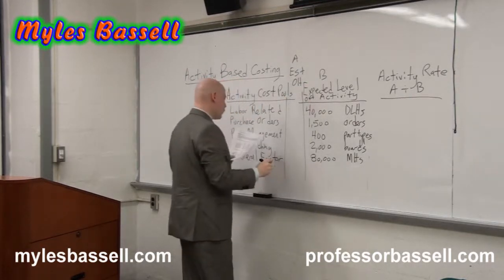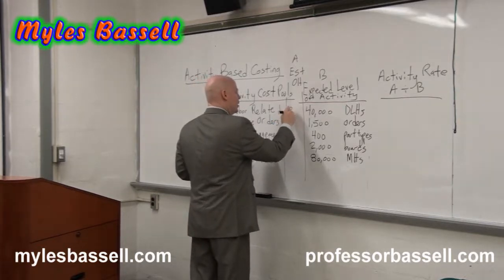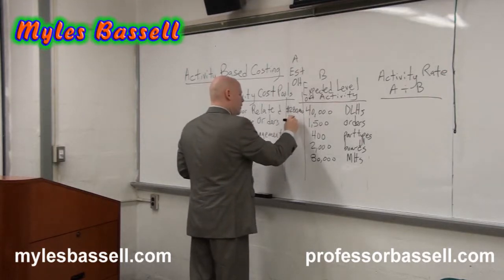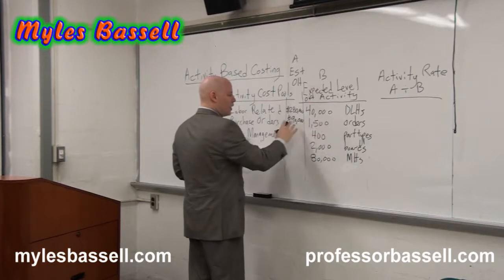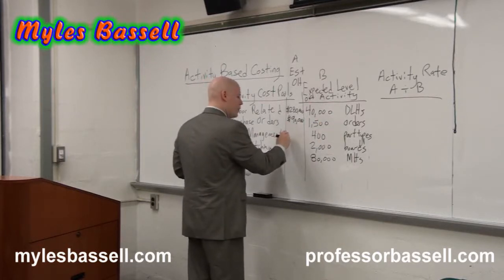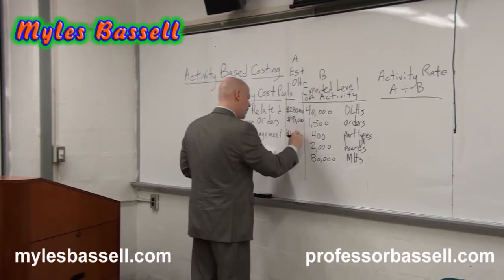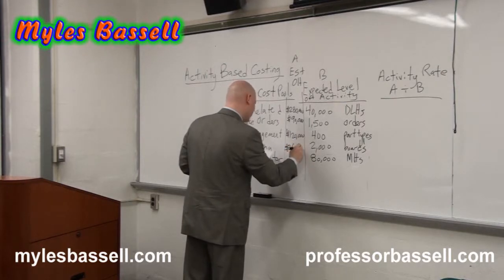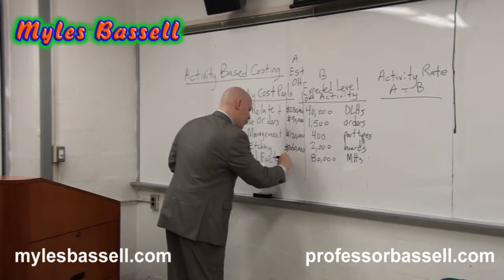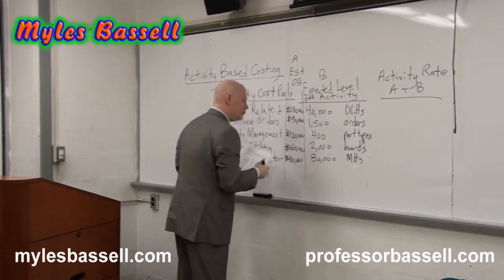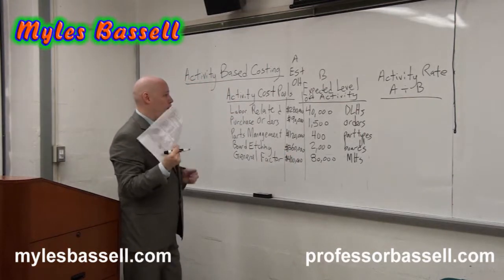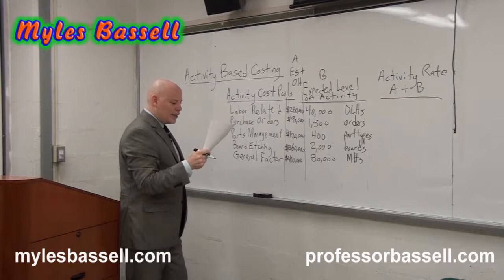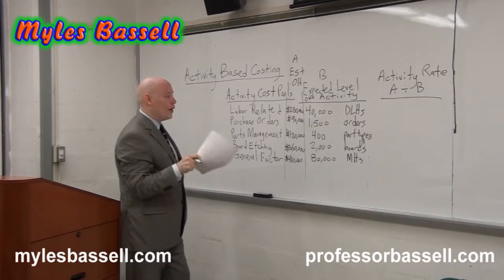In this case, we've estimated this to be 280,000. Purchase orders is 90,000. That's the cost associated with 1,500 orders. Parts management is $120,000. Board etching is 360,000. And general factory is 400,000. So now we have enough information to determine the activity rate, and then with that activity rate, we can determine the applied overhead.